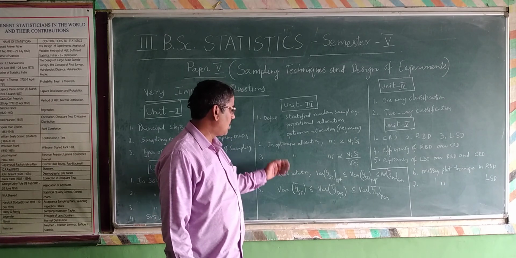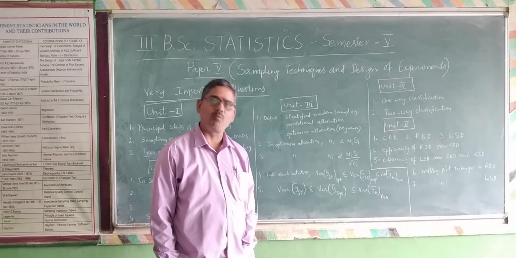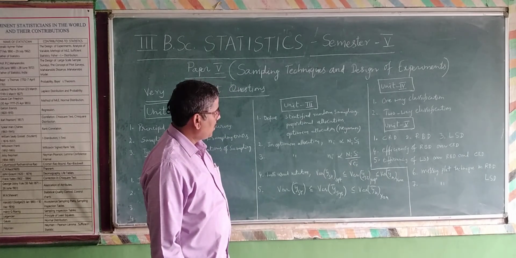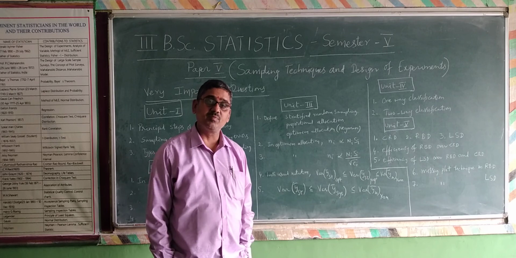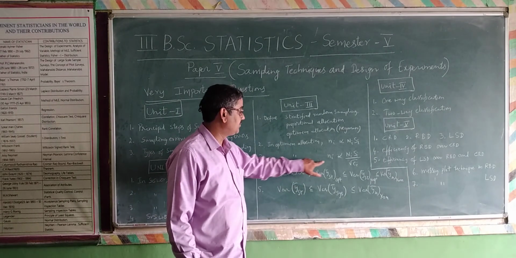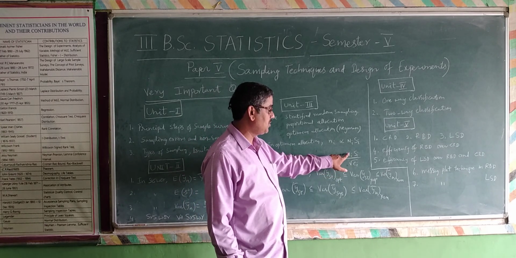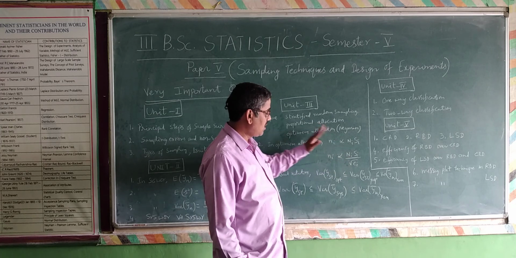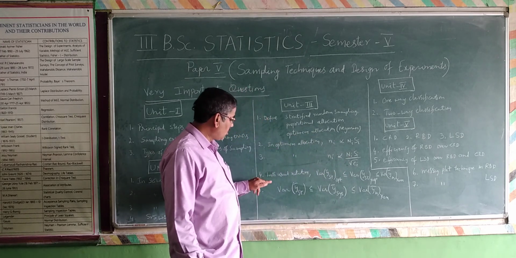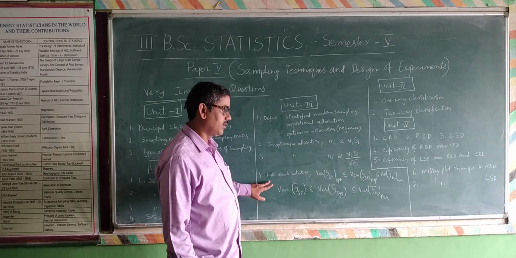Similarly, in optimum allocation in stratified random sampling, variance of y bar st is minimum for fixed total cost C. That is the third theorem: n_i is proportional to N_i S_i by root C_i, if and only if n_i is proportional to N_i S_i by root C_i. I have just written the crux.